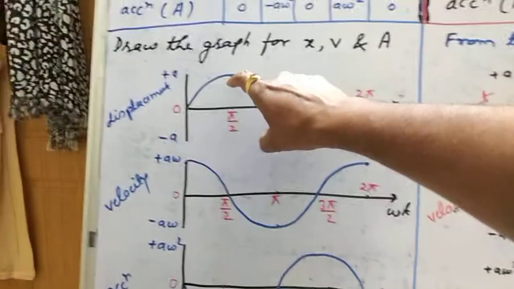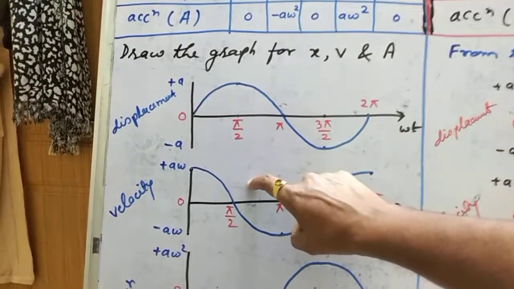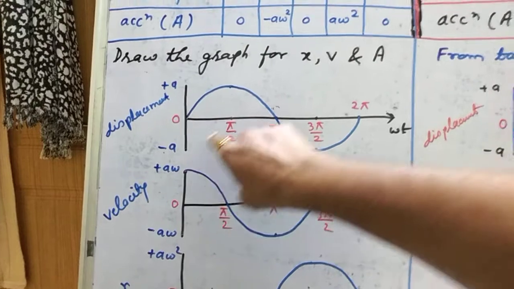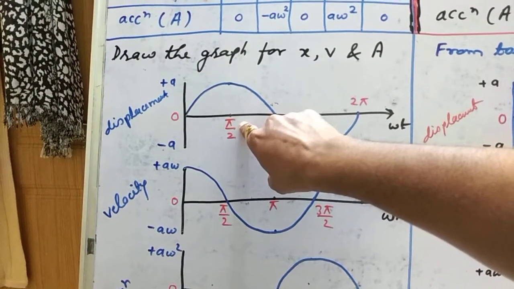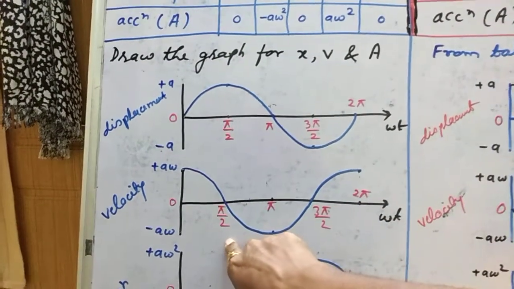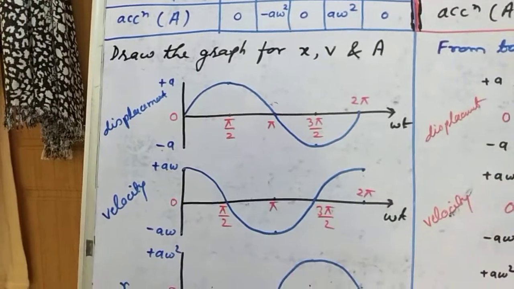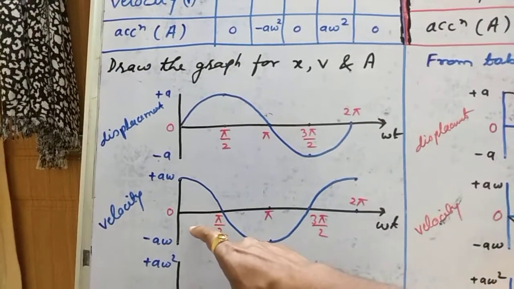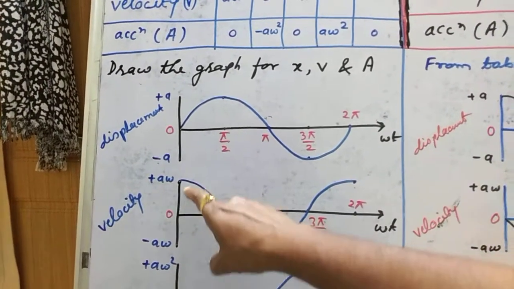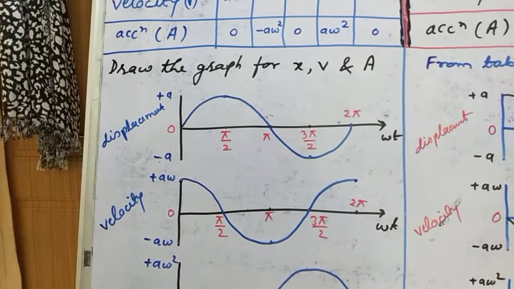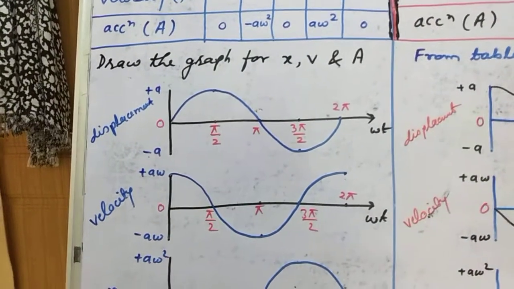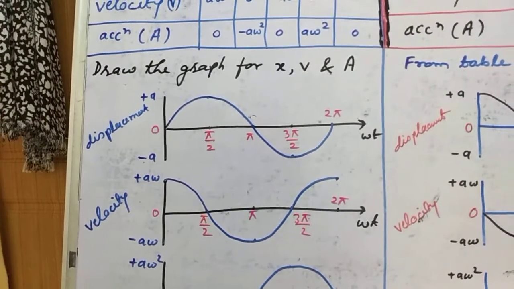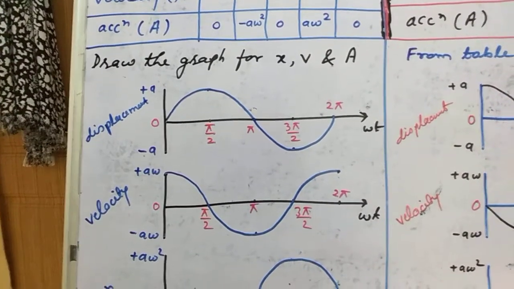From the velocity and displacement graph, when displacement is maximum, velocity is minimum, and when displacement is minimum, velocity is maximum, so there is a phase difference of pi by 2 radian or 90 degree. Similarly between velocity and acceleration, when velocity is maximum acceleration is minimum, so there is a phase difference of pi by 2 radian or 90 degree. So this is the graphical representation of displacement, velocity and acceleration.